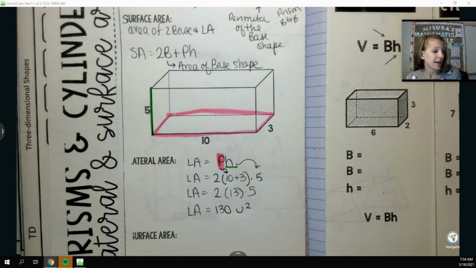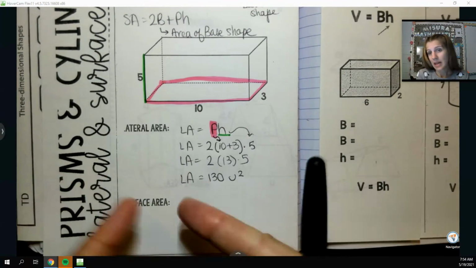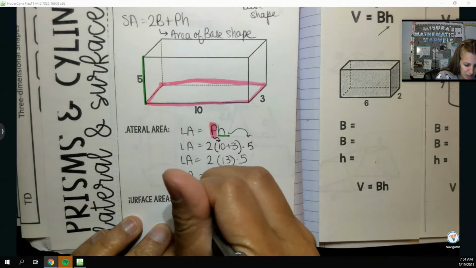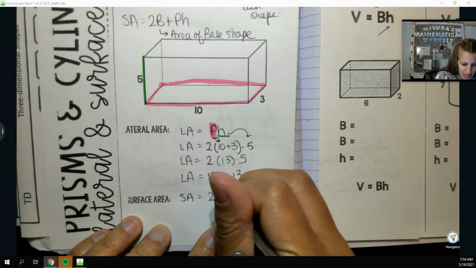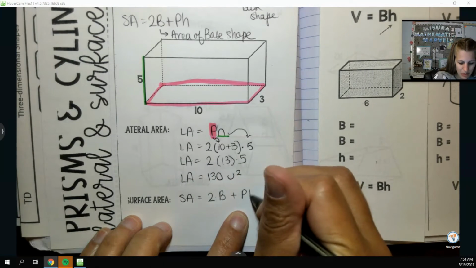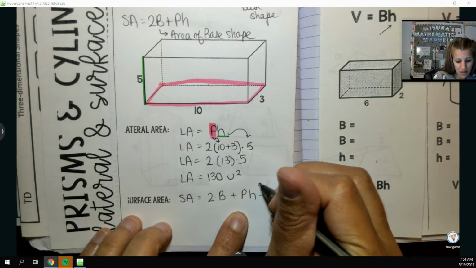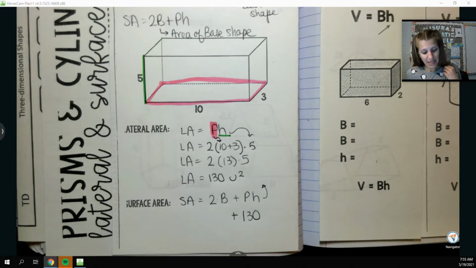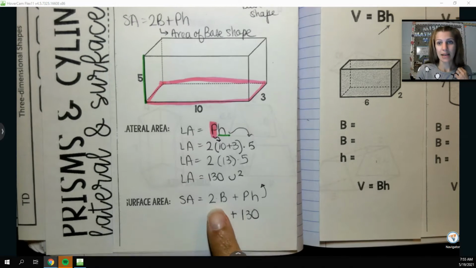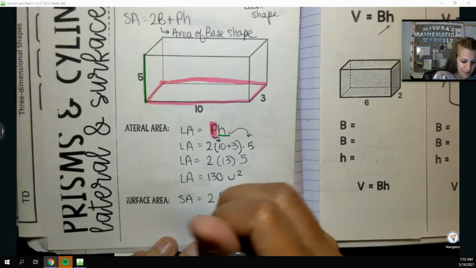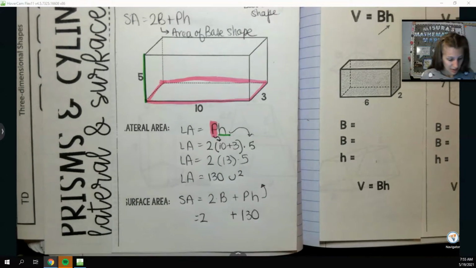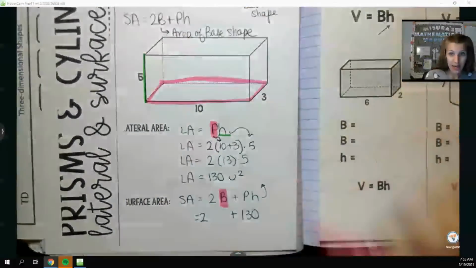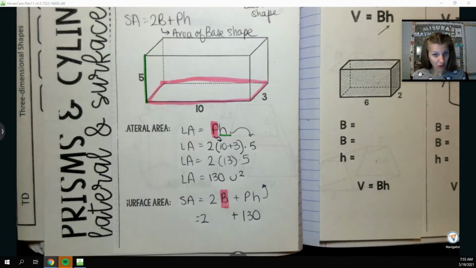Okay, now if we already know the lateral area of the shape, then finding the surface area is a little bit easier because our surface area formula is 2 times the area of the base plus perimeter times height, and I already know that number. It was 130, so we can just plug that in. So what we need to do is 2 times the area of the base, and the base shape that I picked was, again, that pink bottom shape, which is a rectangle.